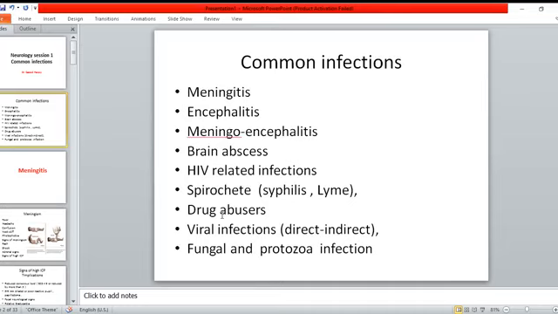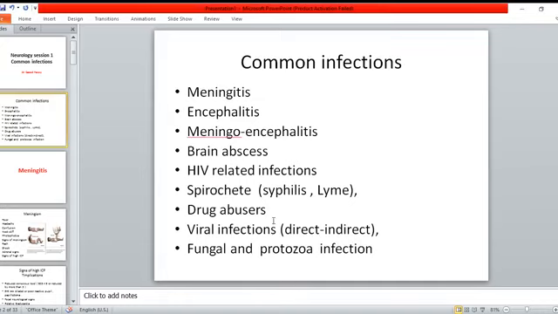Usually there is a typical history, like a history of camping, and also usually there is a history of rash, the erythema migrans rash, and also I think there may be associated symptoms like arthralgia. These are usually the clues. So the presence of history of rash, or arthralgia, and camping.